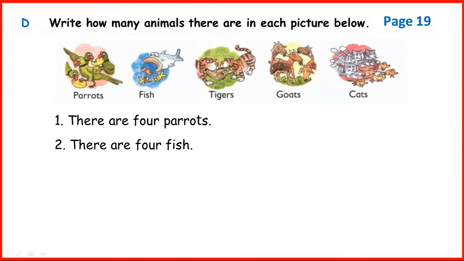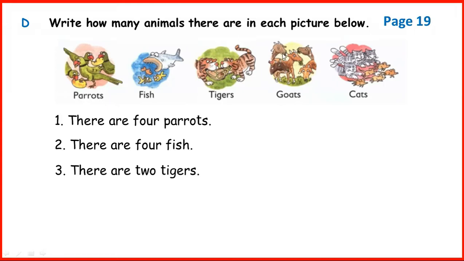Now look at the third picture. Tigers. How many tigers you can see? Only 2 tigers. 1 and 2. So we write there are 2 tigers. Now see the next picture. Goats. 1, 2, 3, 4, 5. 5 goats.